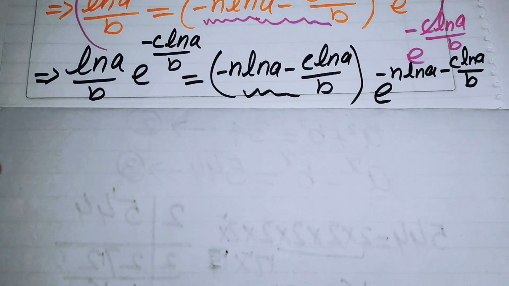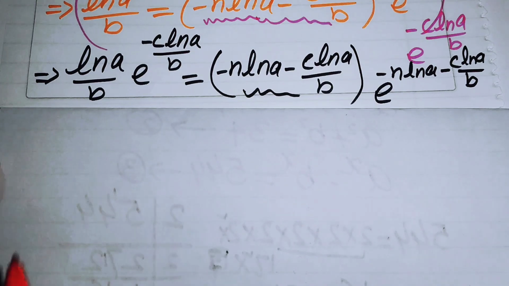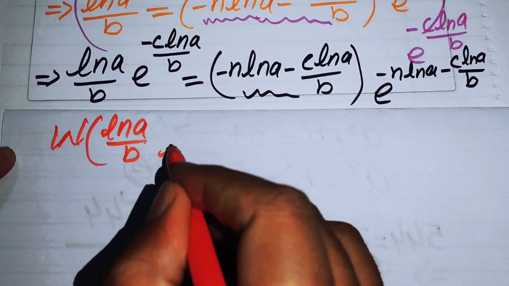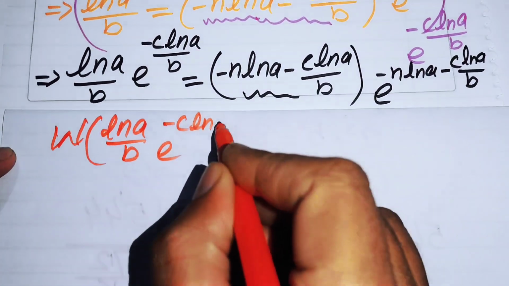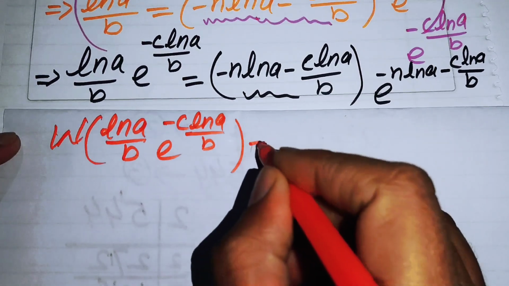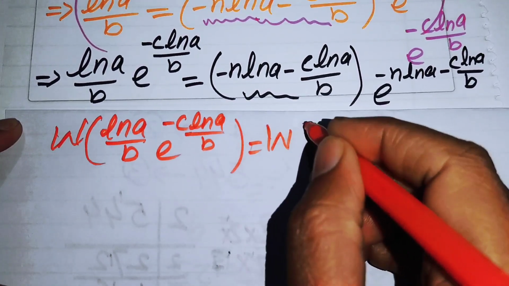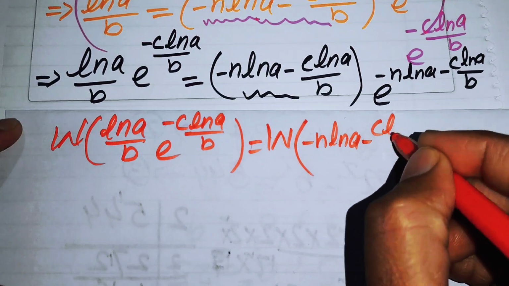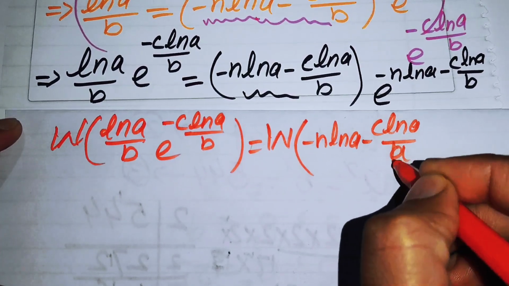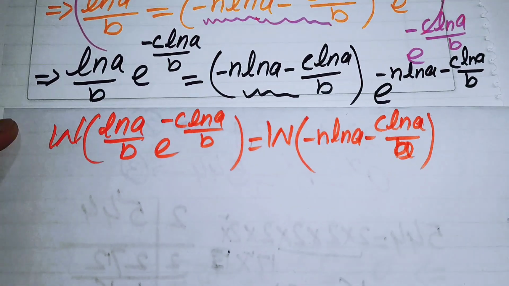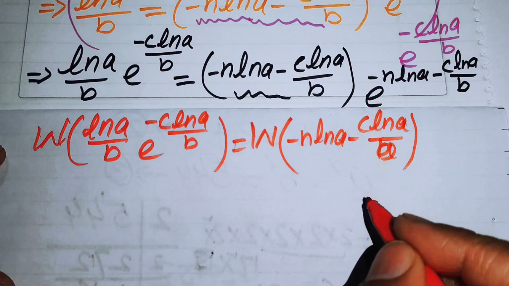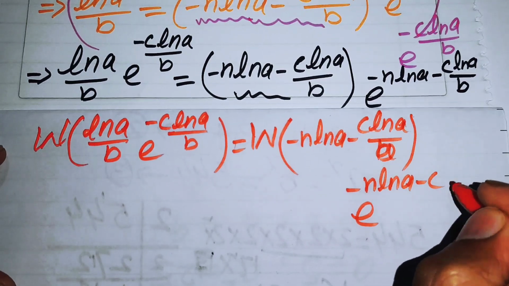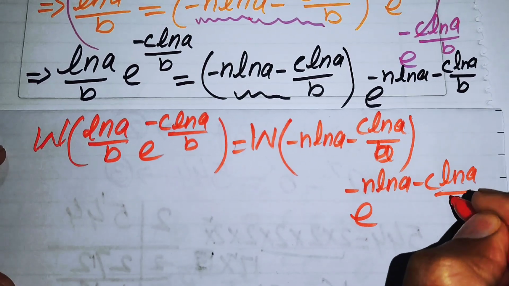So now we're ready to take the Lambert W function on both of the sides, so that you get here W of ln of a over b into e to the power of minus c times ln of a over b, and it is equal to W of minus n times ln of a minus c times ln of a over b into, it is multiplied by this term, and I can write this term here: e to the power of minus n ln of a minus c times ln of a over b.